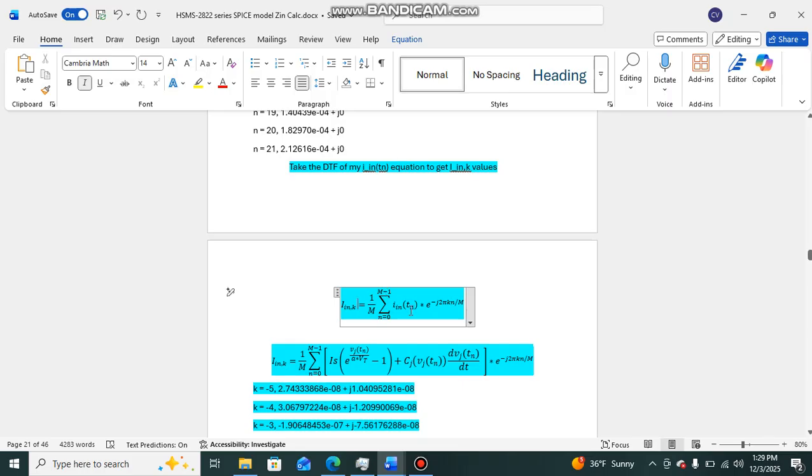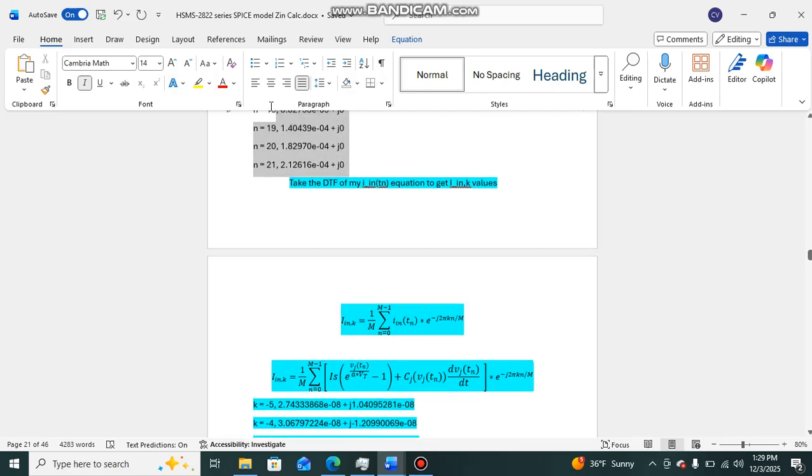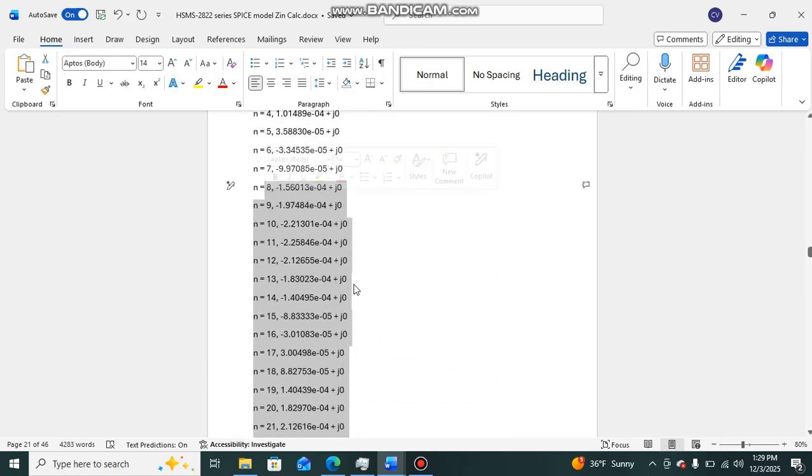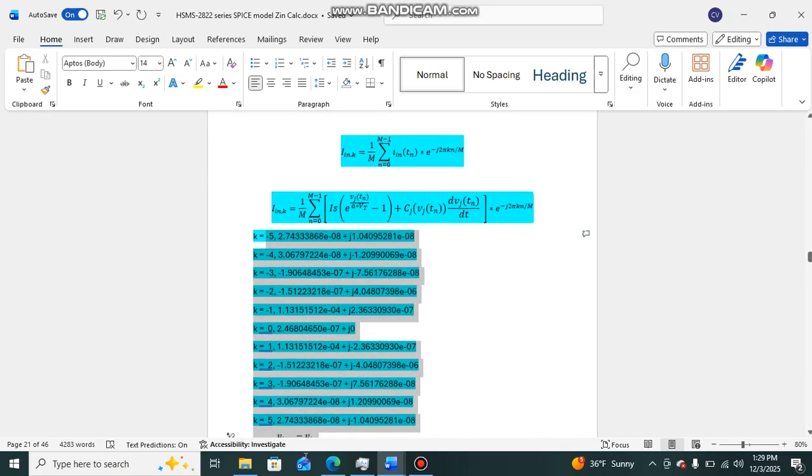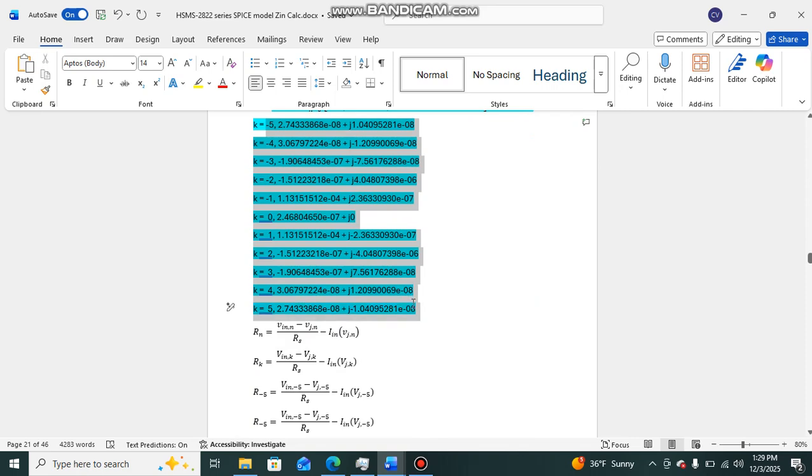And In of Tn, we have all the values right here for In of Tn. And we can plug those in and start from k equal to -5 all the way to 5 to get these values.